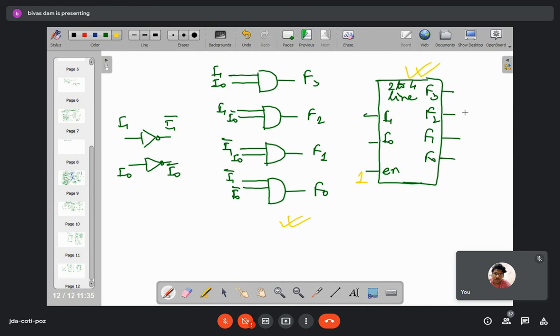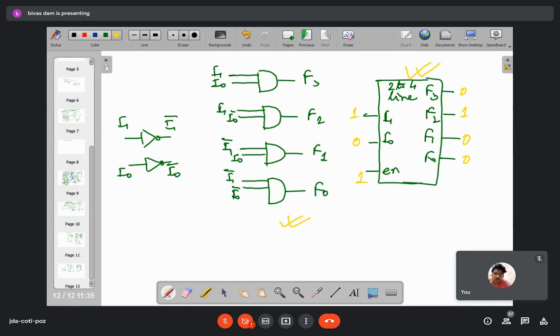That means what the value? 0 or 1? 1. What will happen to F3? 0. F2, F1? 0, 0. Okay. So that means here if I give 1, 0, I will be getting this particular pattern.